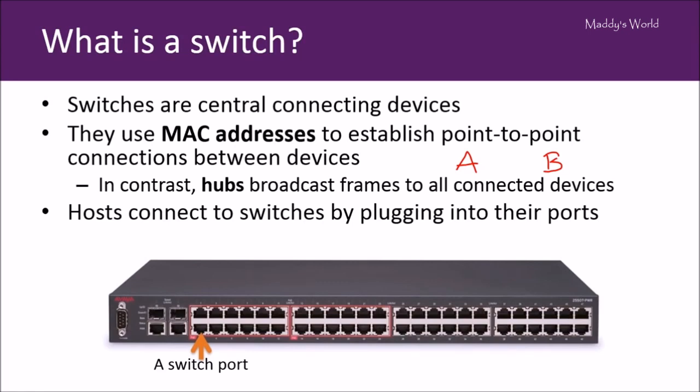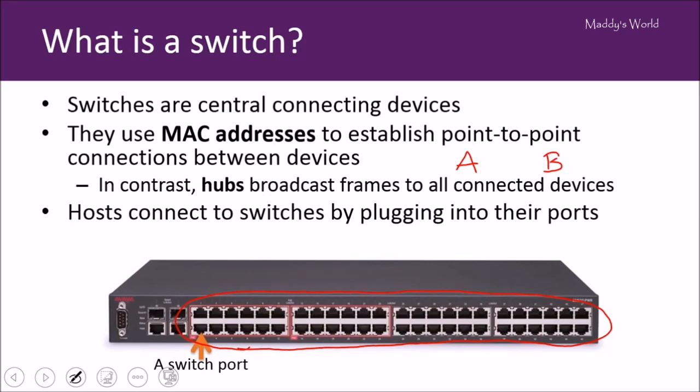If you take a look at this switch example down here, you see a lot of different ports, right? So there are a lot of devices that can connect to a switch. It's really important for security's sake that if you want to establish point-to-point communication, you actually are able to do that, and switches allow you to do so, okay?